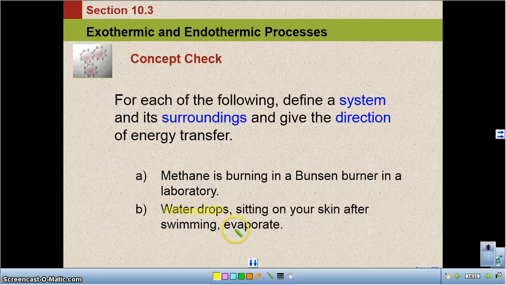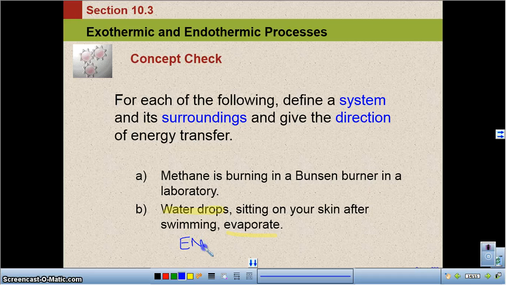Well, in this case, we have evaporation going on. In order for water drops to change from liquid to gas, energy has to be put into it to allow evaporation to occur, and because of that, it's considered an endothermic process. I know these seem kind of confusing, but the more that you do and the more that you think through what exo and endothermic actually mean, the easier it's going to become.